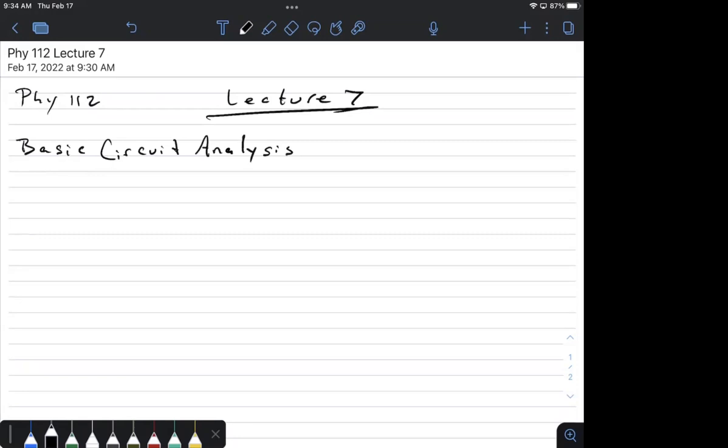Now, obviously, circuit analysis is a very big subject. There's careers based on it. But what we're going to do is introduce the topic and talk about circuit diagrams, how we draw circuits in a way that is efficient.